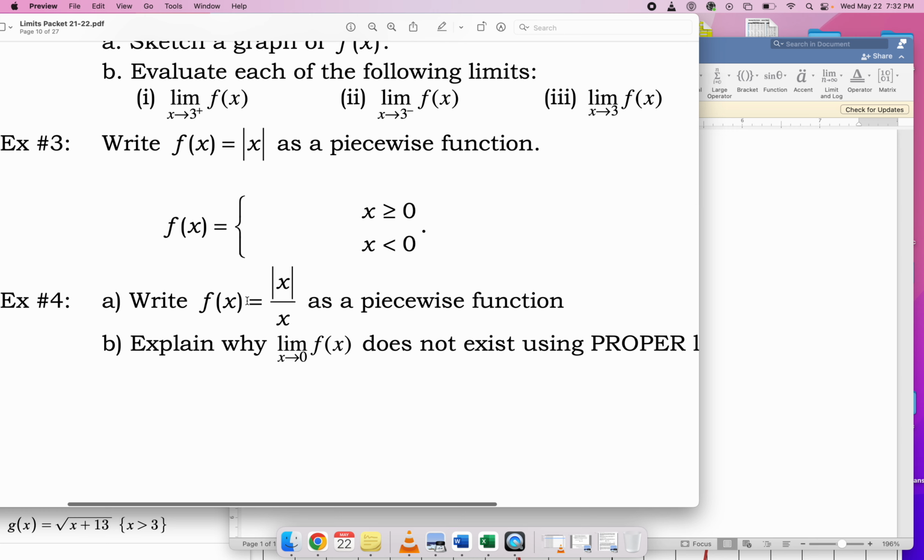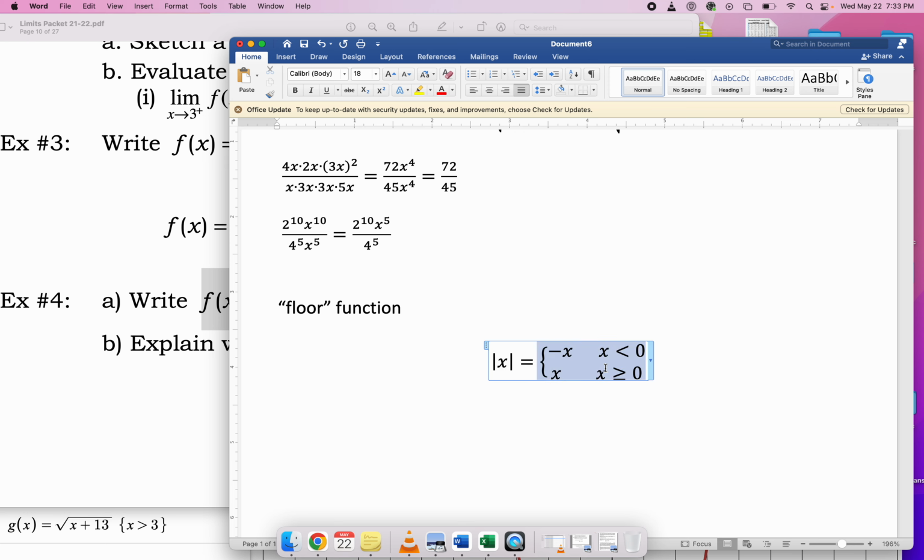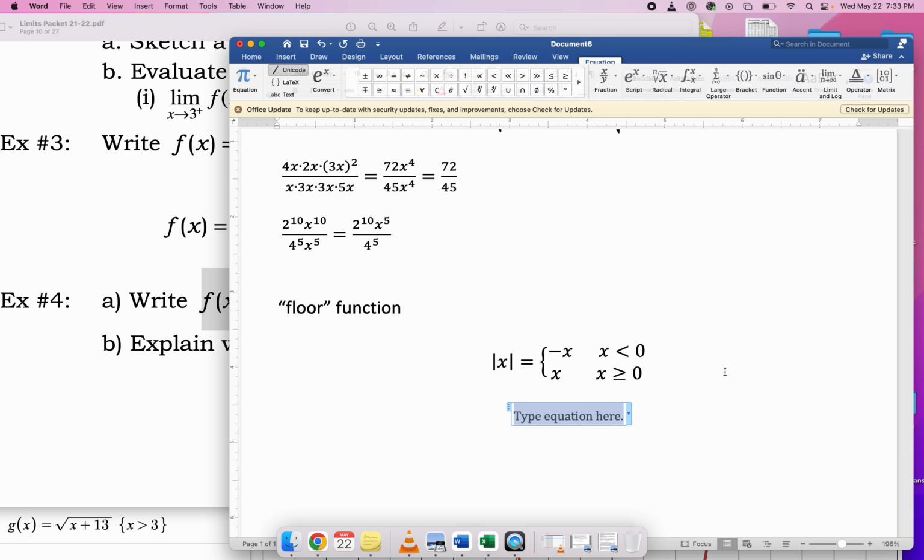And then it says, write this guy as a piecewise function. You could do that. I don't really know if that's the best use of your time. You could say the absolute value of x over x is equal to, well, it's going to be the same formula, except you're going to divide each of these guys by x, right? If you divide this by x, you get -1. You divide this by x, you get +1.